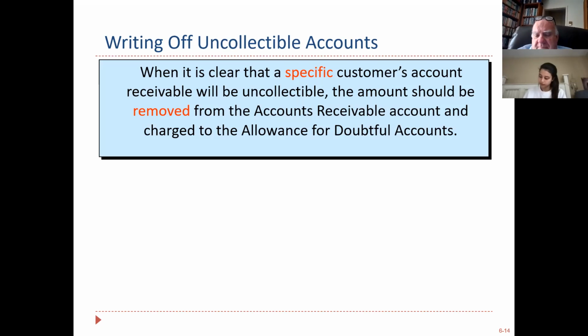We have to take that bad debt off the accounts receivable, and we're going to do it using the allowance for doubtful accounts. When it's clear a specific customer's accounts receivable won't be collected, the amount should be removed from accounts receivable and charged to the allowance for doubtful accounts.